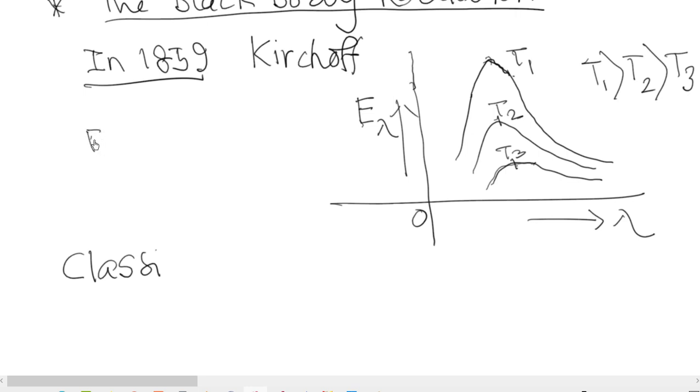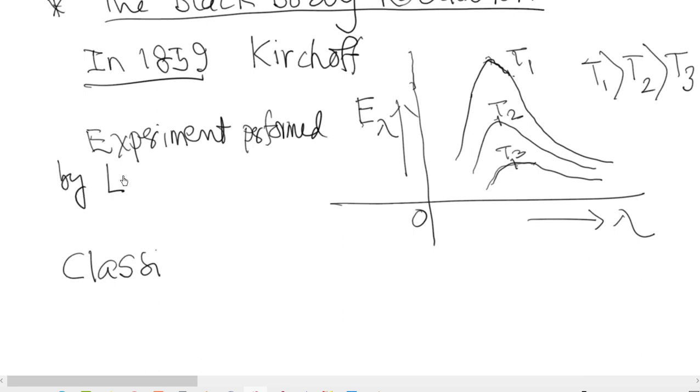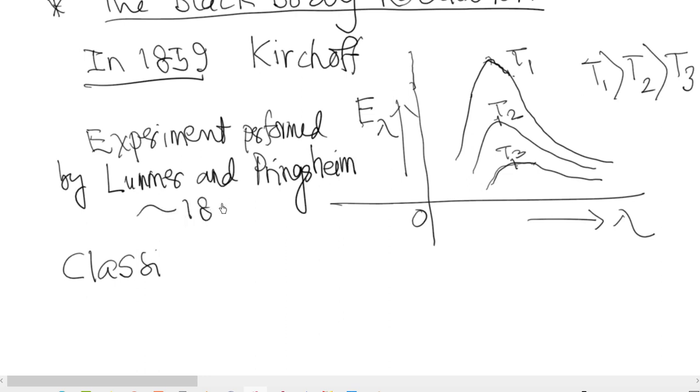The experiment was performed around 1890s. Now the classical theory of black body radiation.